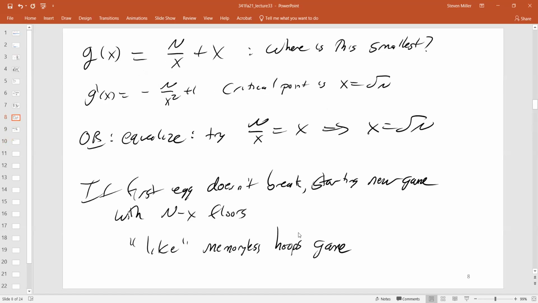We said the number of drops is N over X plus X, where X is going to be square root of N. So for us, G of square root of N is basically 2 root N. So if we have N floors and 2 eggs, the best is going to be roughly 2 square root of N drops.